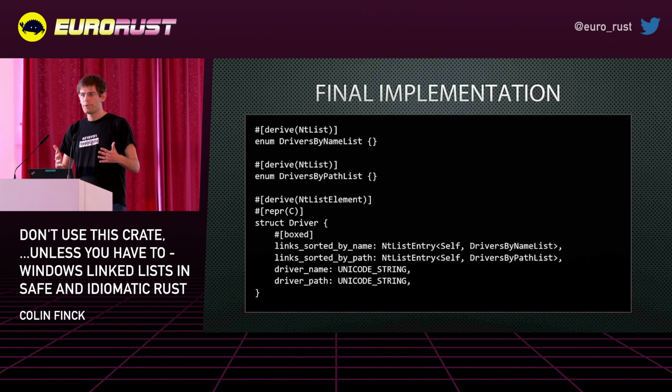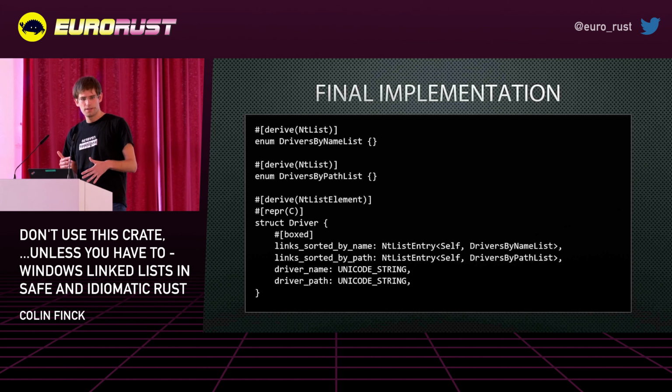And even more important, I don't ask you to implement the offset method yourself. What I simply provide is a macro to derive NT-list element for the entire driver structure. And that proc macro is actually a bit more complex.